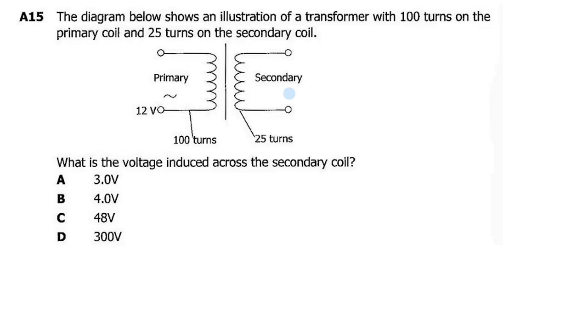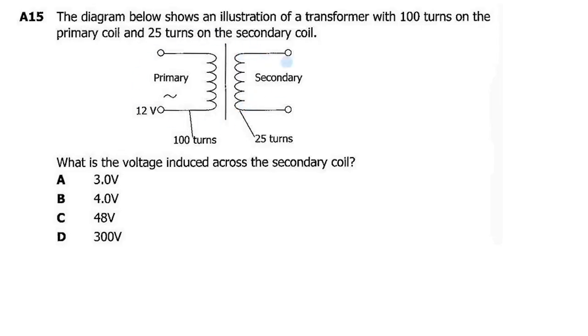We are told we have 100 turns on the primary coil, a voltage of 12 volts, and 25 turns on the secondary coil. They are asking what is the voltage induced across the secondary.